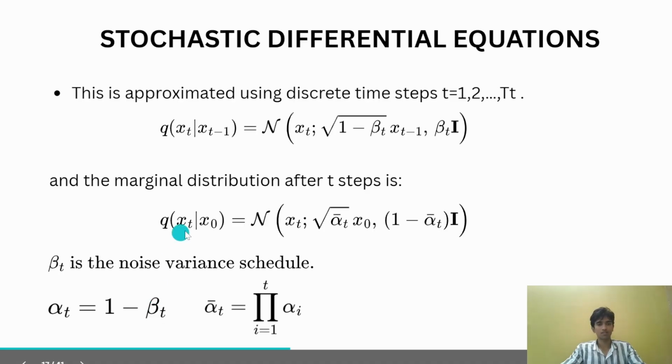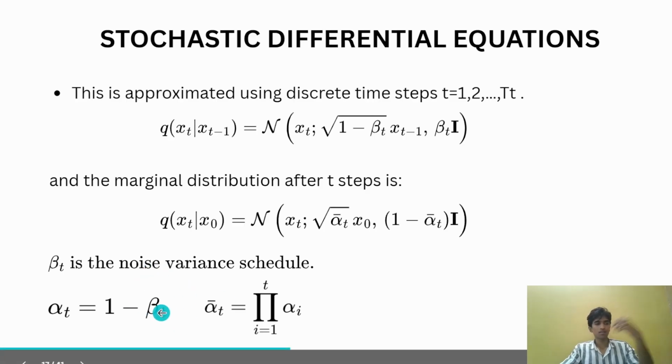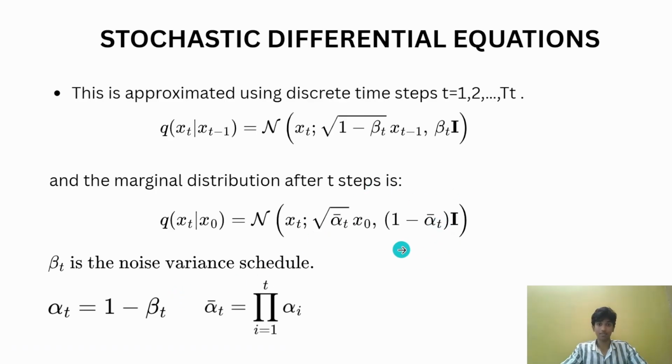What this alpha bar t means is it takes the product of all alpha i's up to t. It's known as a cumulative product. I'll also explain this in the code. I is the identity matrix, as I've already explained.